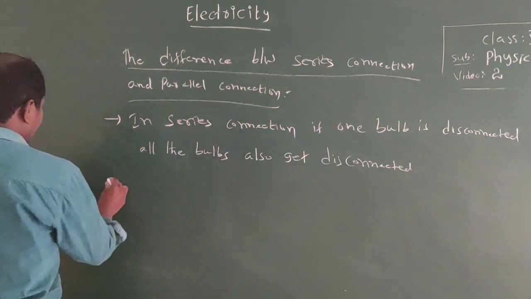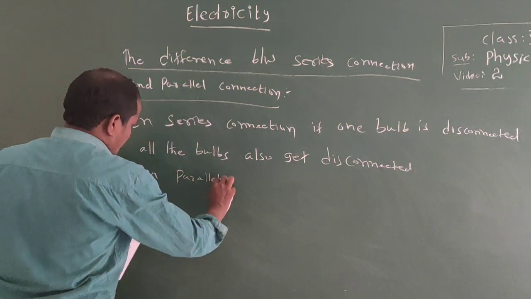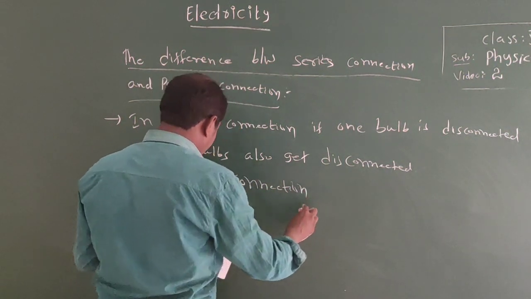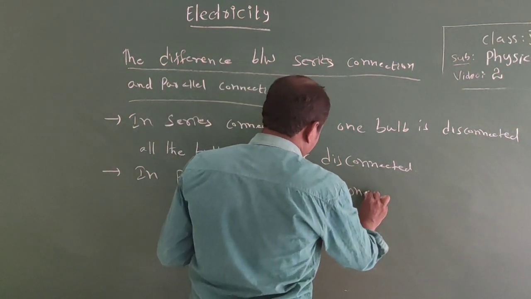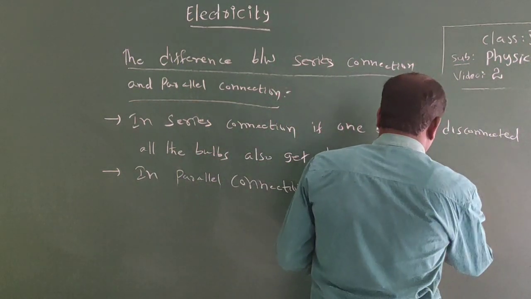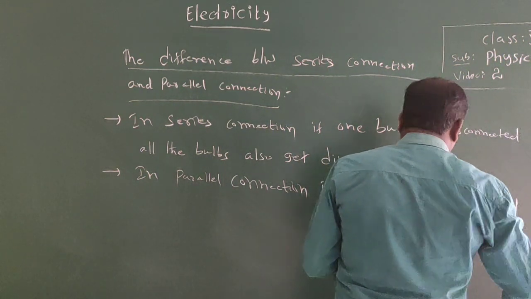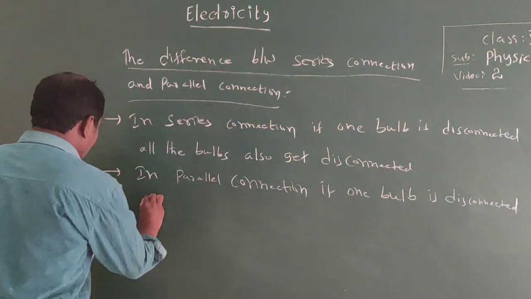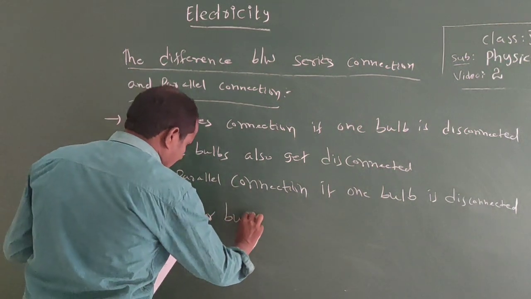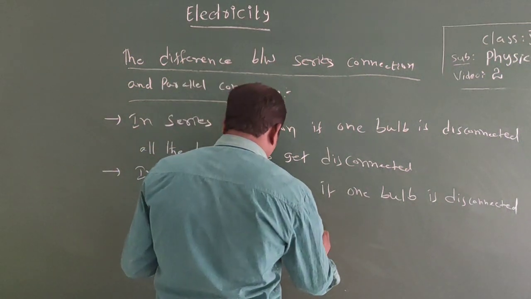In parallel connection, if one bulb is disconnected, the other bulbs continue to glow.